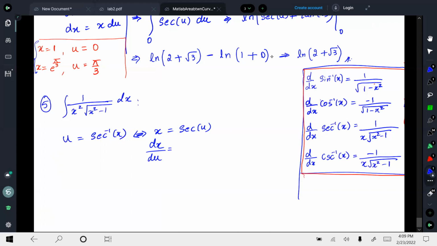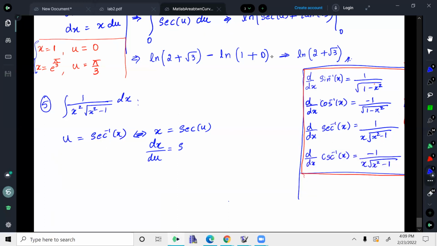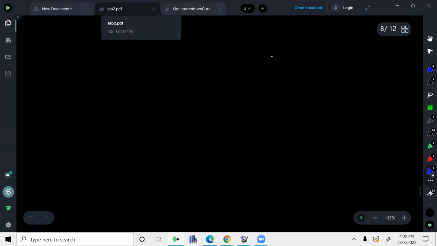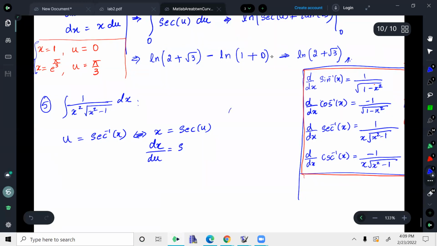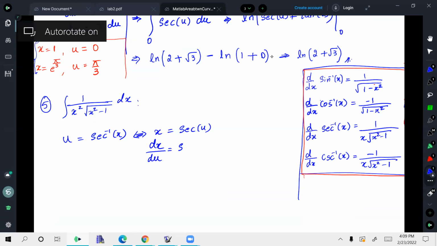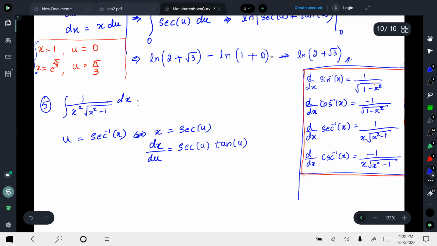Now, the derivative of secant u is secant u tan u.